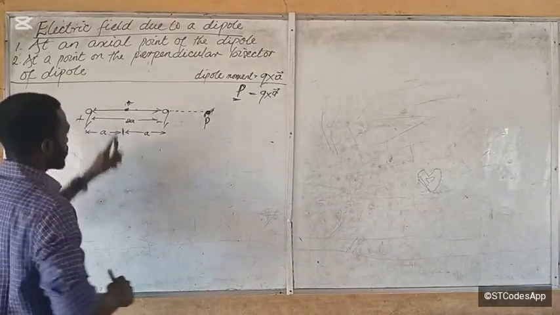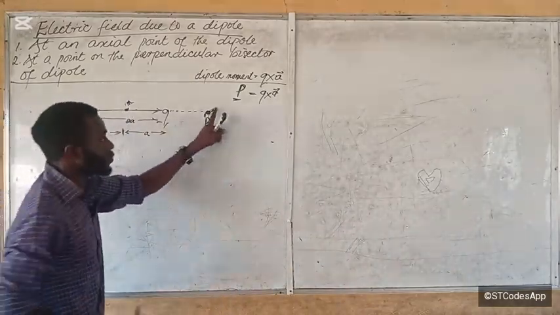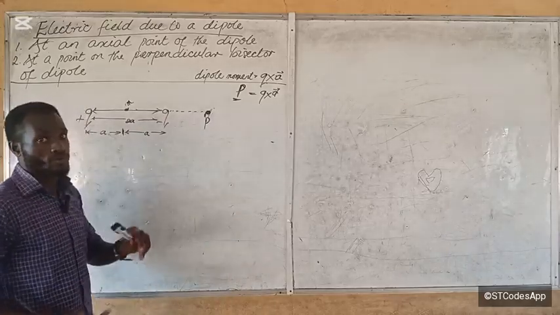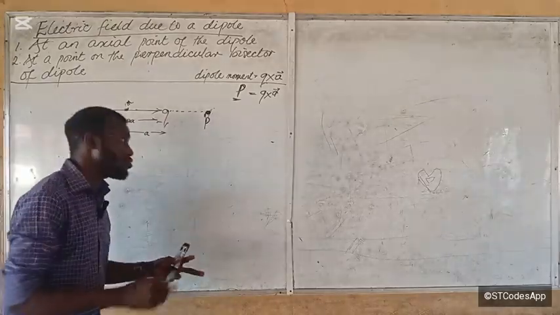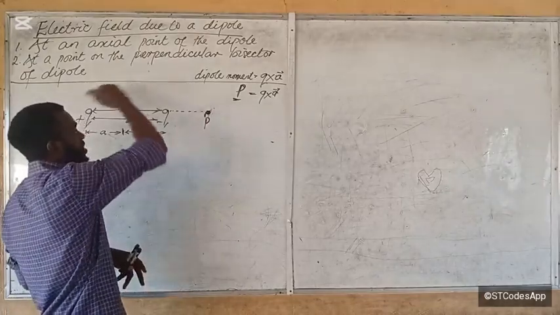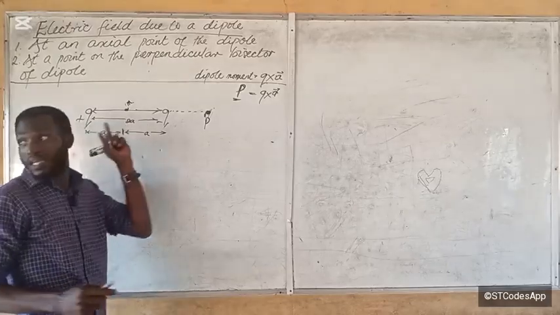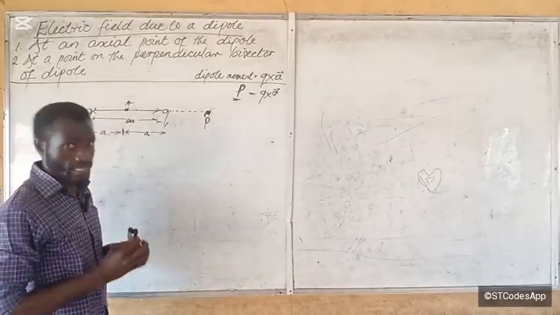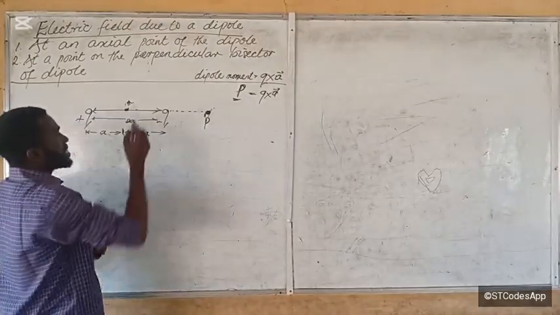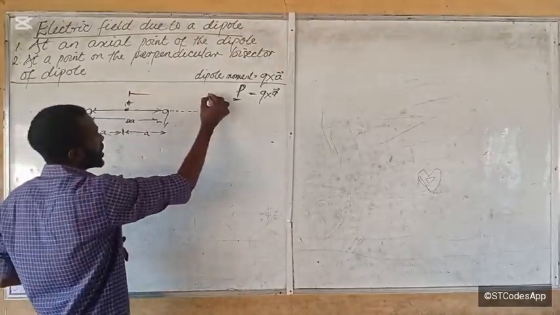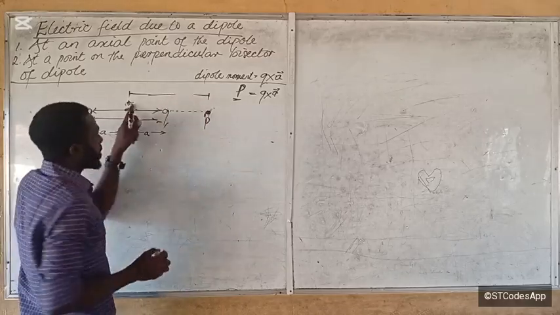So we want to calculate the electric field at this point due to this dipole. Of course, the electric field at this point is going to be the sum of the electric field due to these two poles, these two electric charges. Now listen, the distance of separation from here to here. Why are we making reference to this?